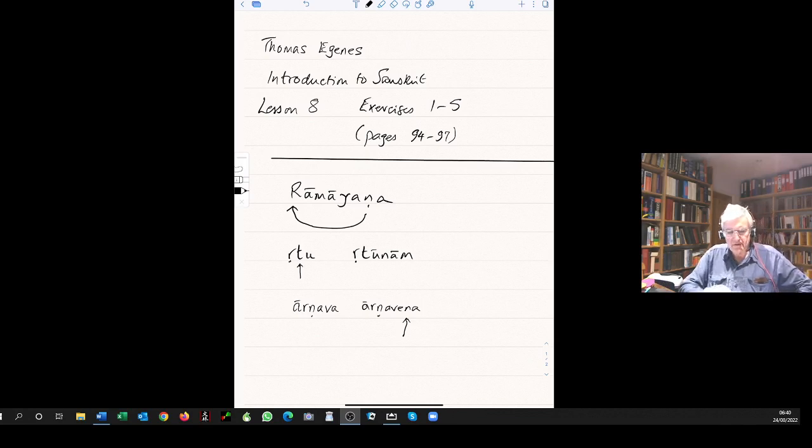So we have, you'll see in paragraph 1, Shastrena. And of course, plural, nominative, accusative, plural, shastrani, with that retroflex n.